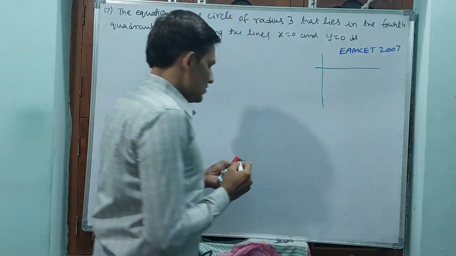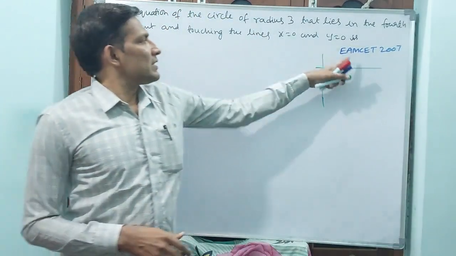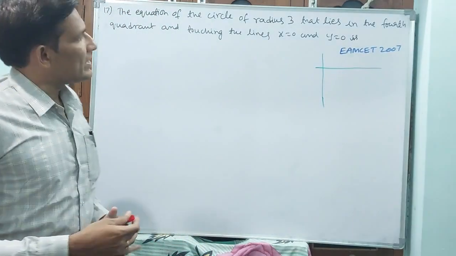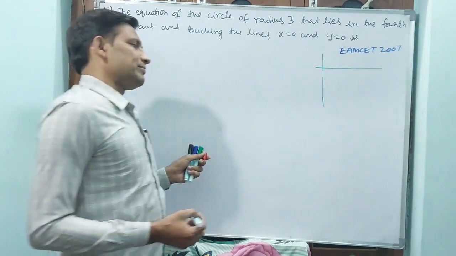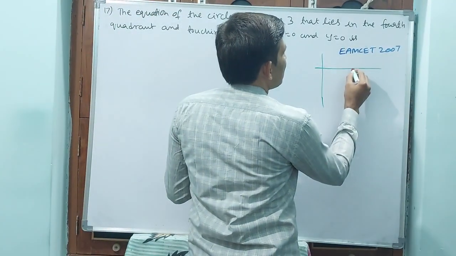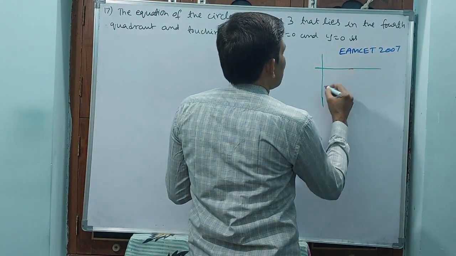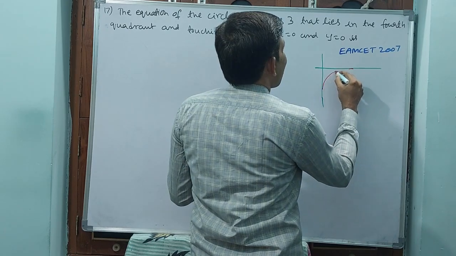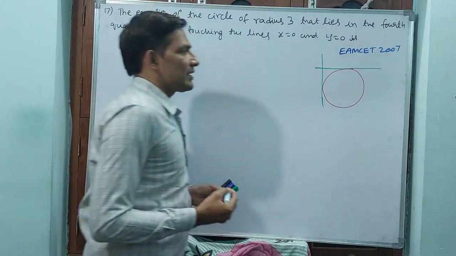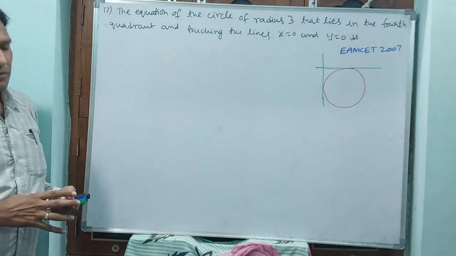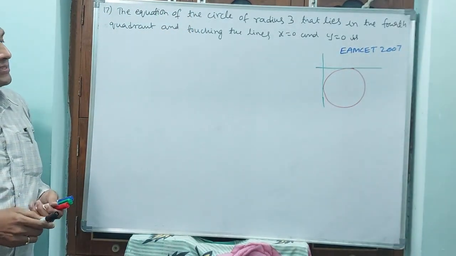First, second, third, fourth. In the fourth quadrant, a circle of radius 3 is there. That is the circle.